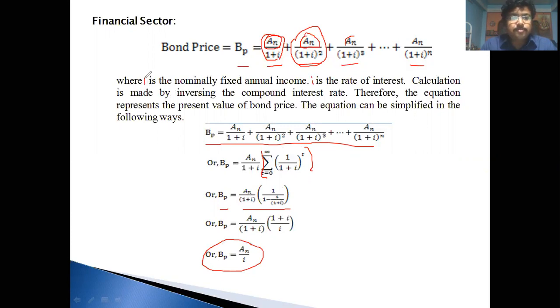Here AN is the nominally fixed annual income.